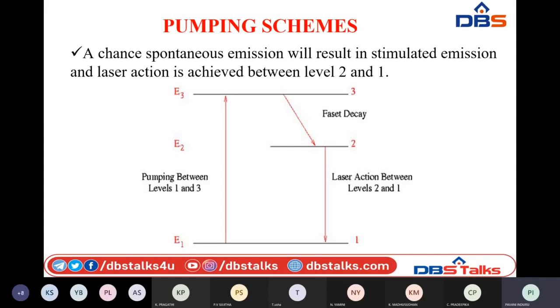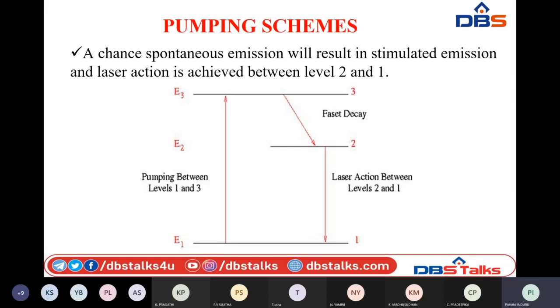Spontaneous emission means atoms falling from upper level states to the ground level on their own. Whenever an atom in the energy state E2 completes its lifetime and falls back voluntarily, it will emit one photon.